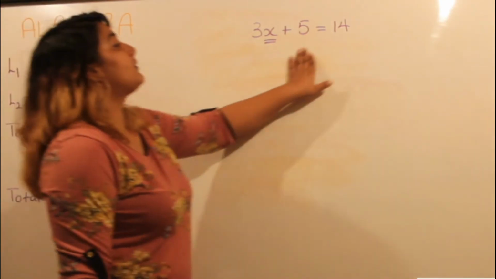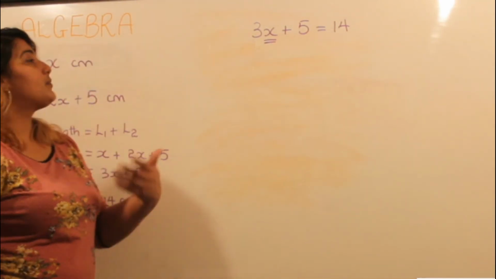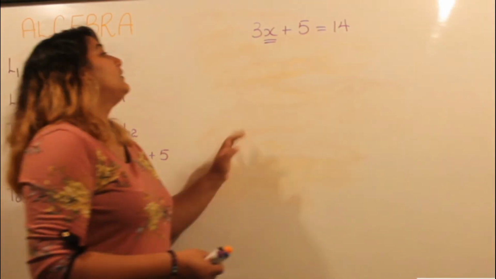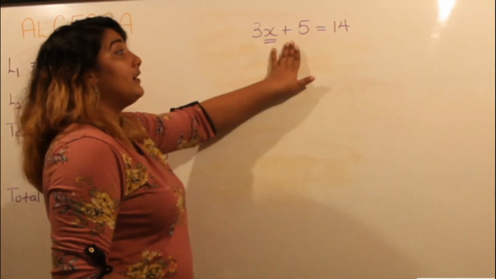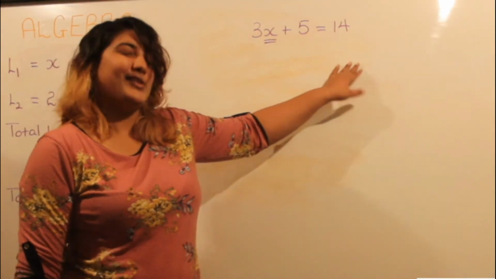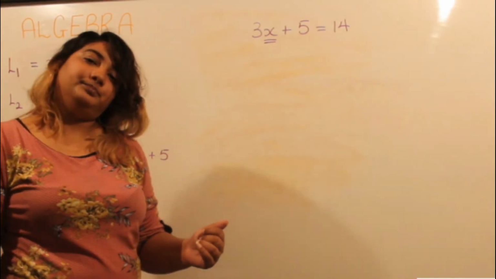Alright? And that's the reason why we have the equal sign. Both sides are equal, and since both sides are equal, we have equilibrium. Now, if I were to make any adjustments here, I have to make equivalent adjustments on this side so that I don't tip my scale in any particular direction.